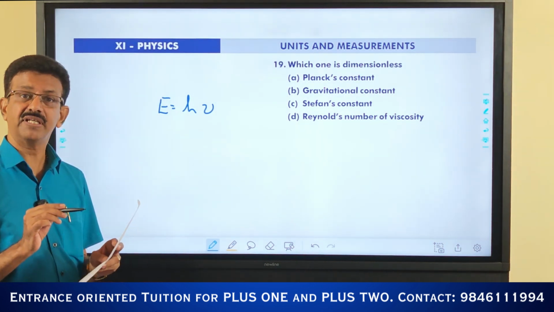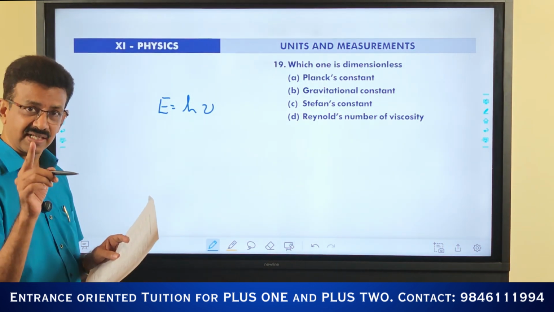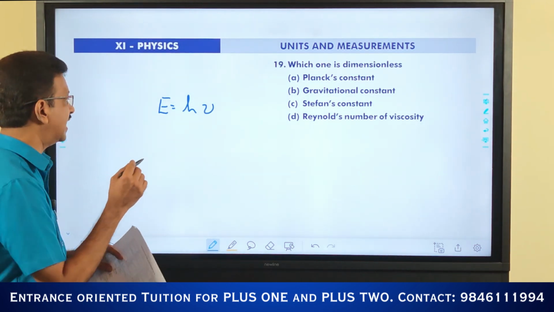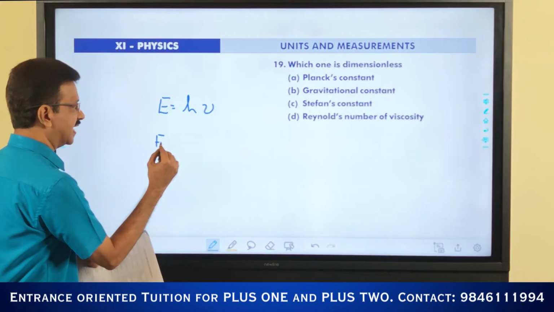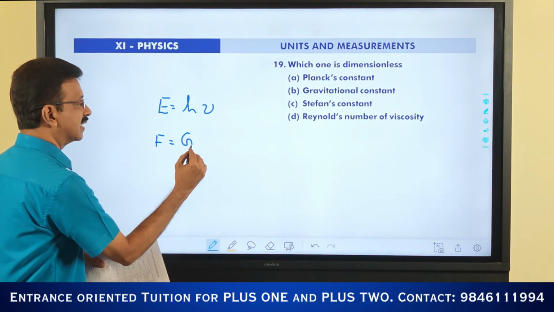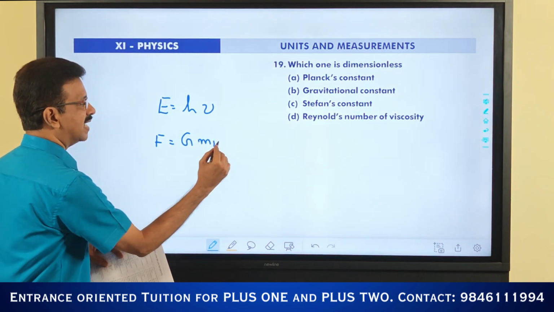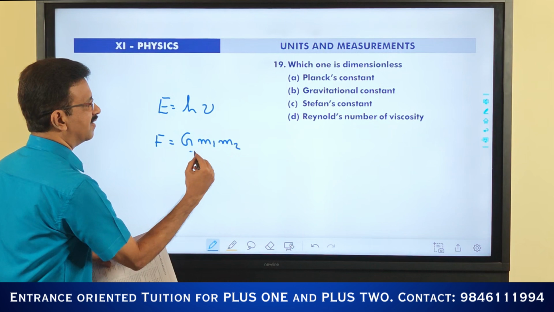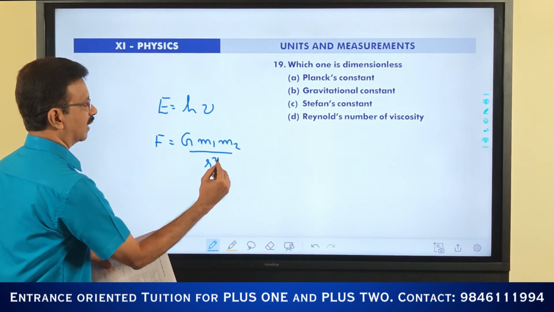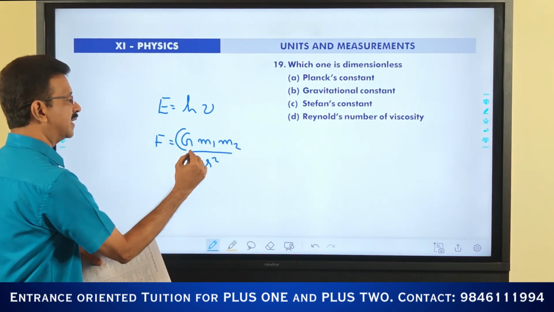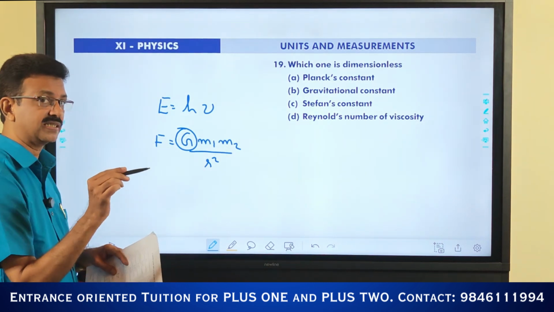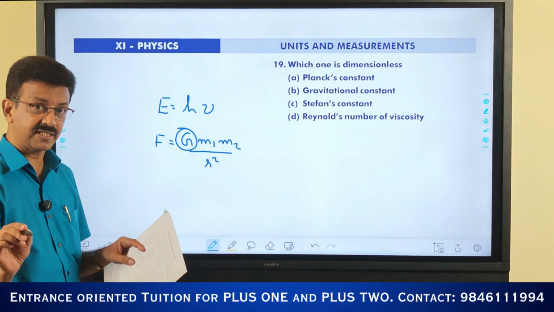Second choice is the gravitational constant, the capital G. The containing equation is F equal to G m1 m2 divided by r square. Here, capital G represents the gravitational constant. It's a universal constant.